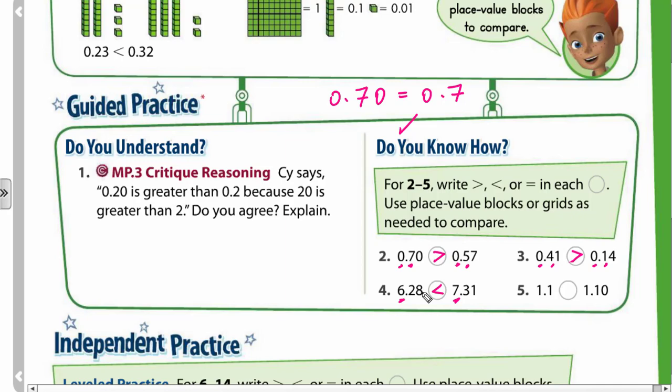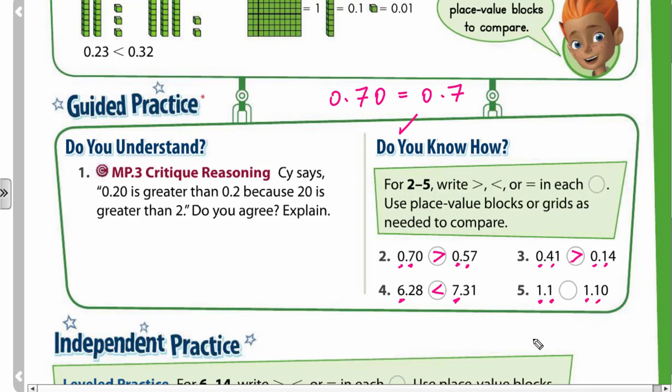Question number 5. 1.1 and 1 point. Yes, Ibrahim. Start with the whole number. The whole number is 1 and 1. Okay, so we move to the tenths.